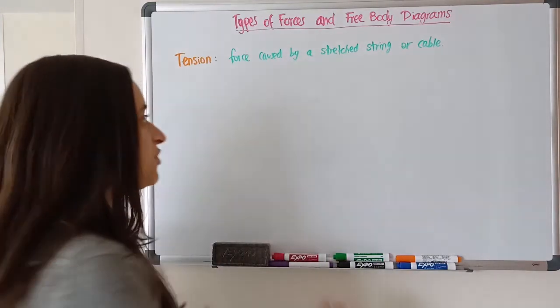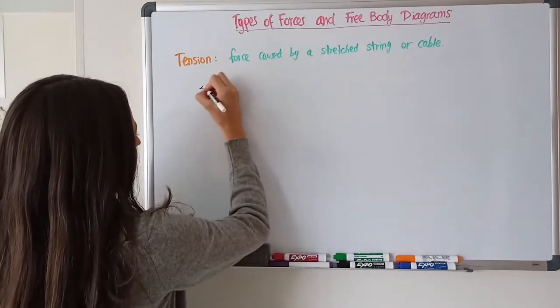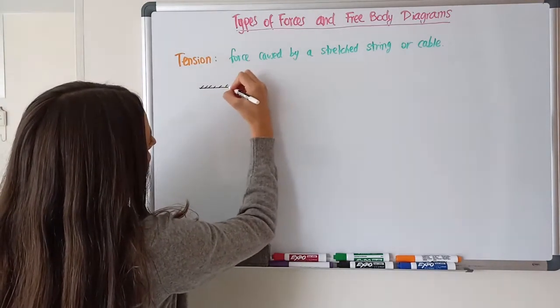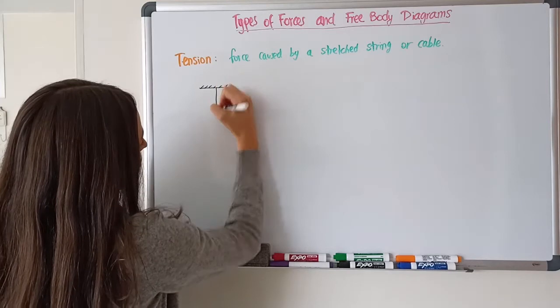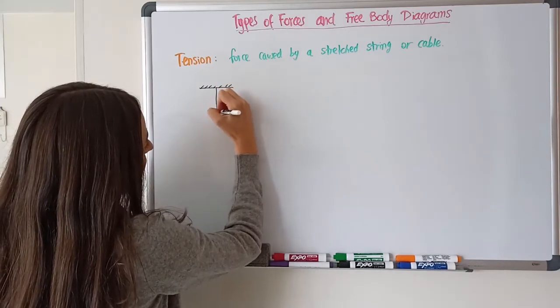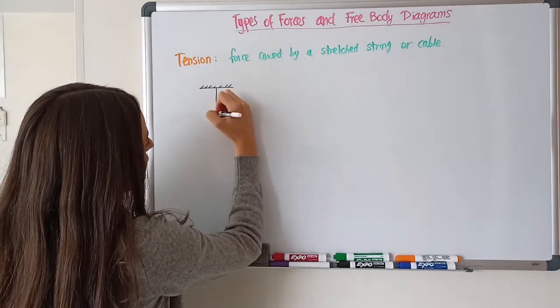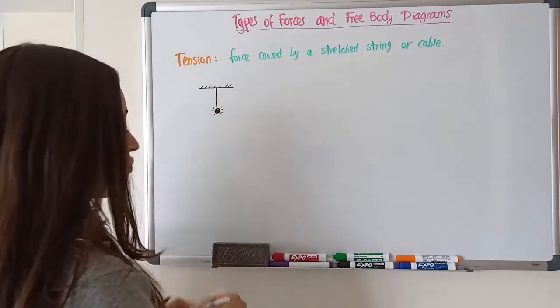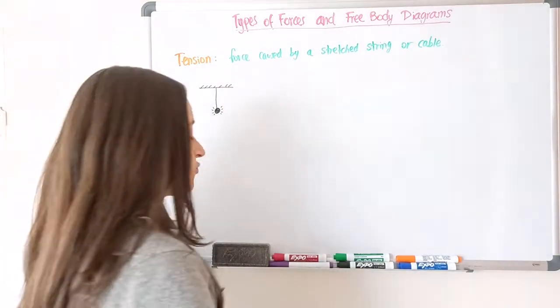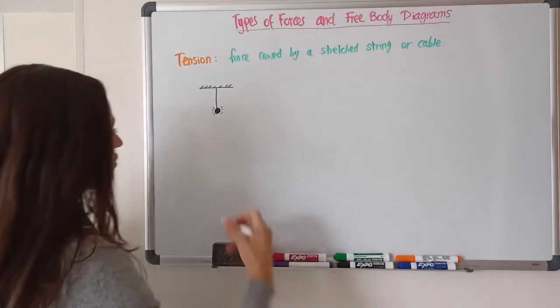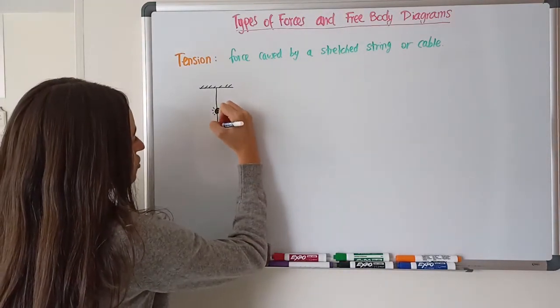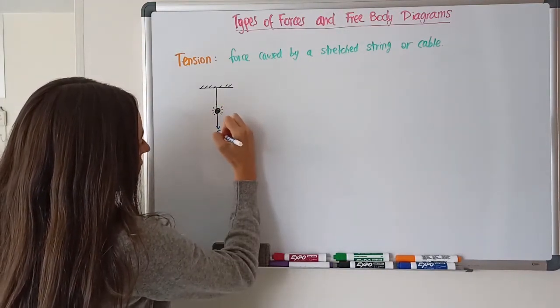So for example, I'm going to draw, let's say this is a ceiling, and there's a lamp hanging from the ceiling. Here's a lamp that is giving off some light. So we know that everything has a force of gravity that is acting on them downwards. So we can draw an arrow for the force of gravity.